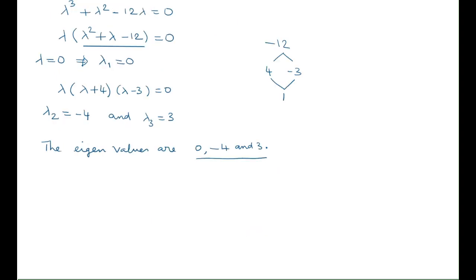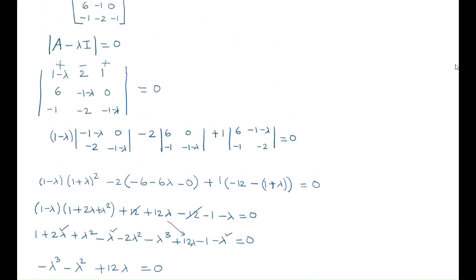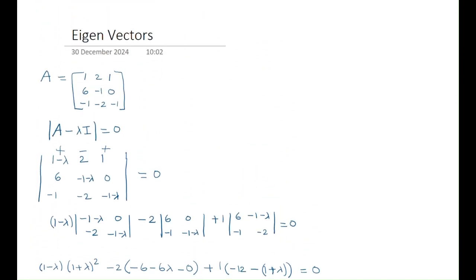Now we need to find the eigenvectors corresponding to the eigenvalues, lambda taking the value 0, minus 4 and 3.